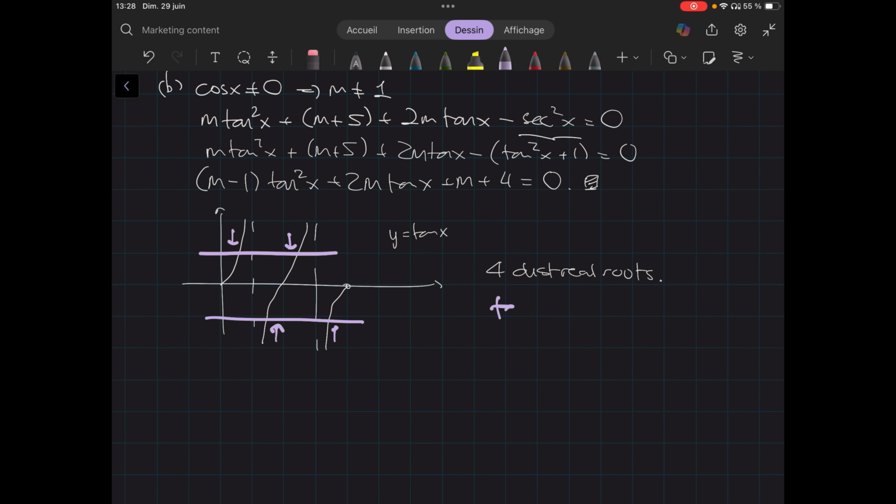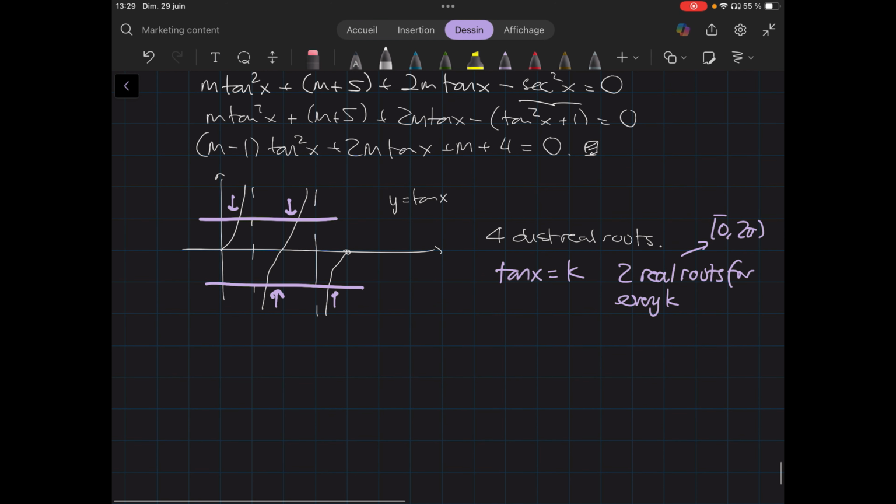In other words, as long as you can find real values of k, the equation tan x equals k will generate 2 real roots for every k, 2 real roots in the interval that we are given.